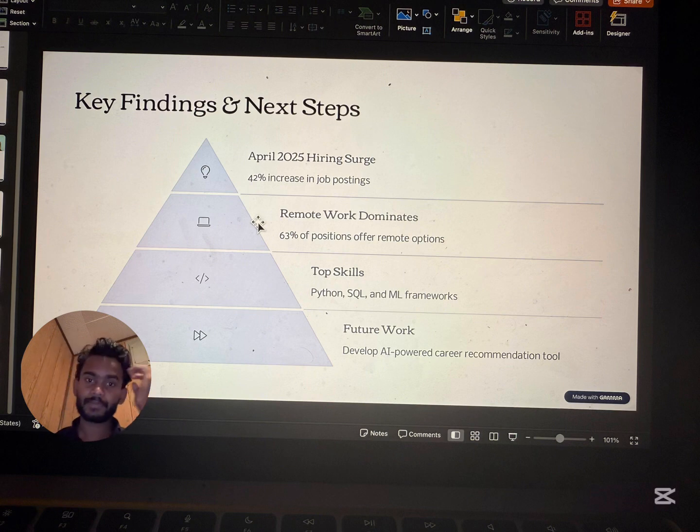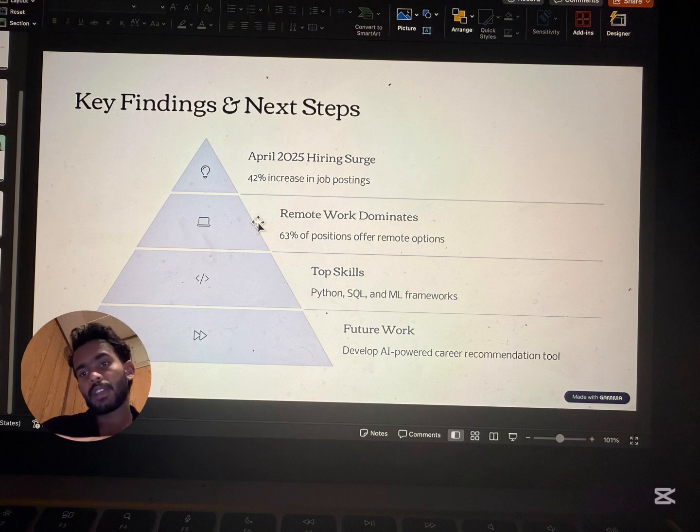Big tech companies like Meta, Google, and Microsoft lead hiring, and skills like Python and SQL are consistently required.